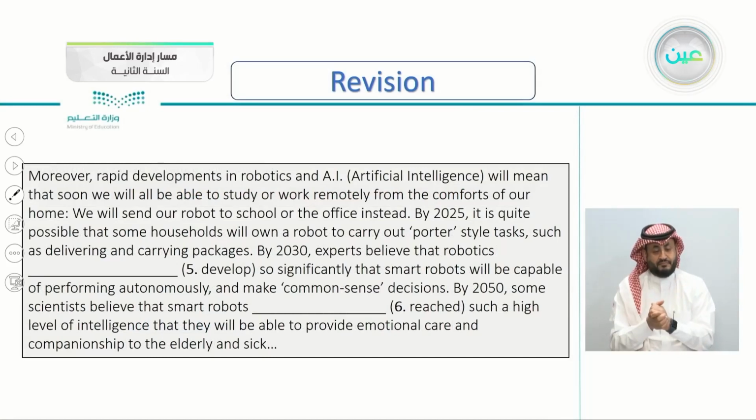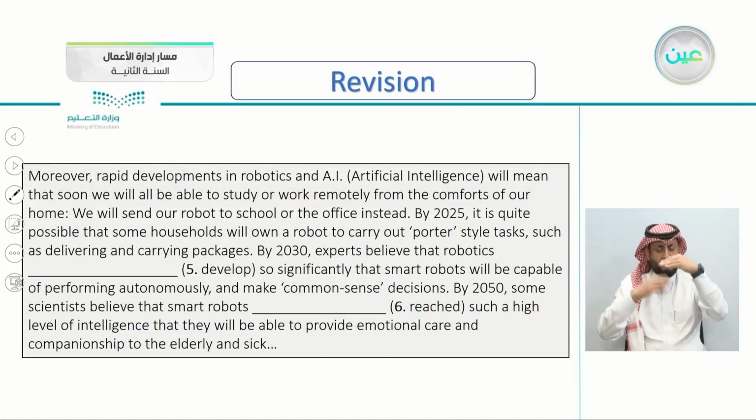Moreover, rapid developments in robotics and AI, here meaning artificial intelligence, will mean that soon we will all be able to study or work remotely from the comforts of our home. We will send our robot to school or the office instead.